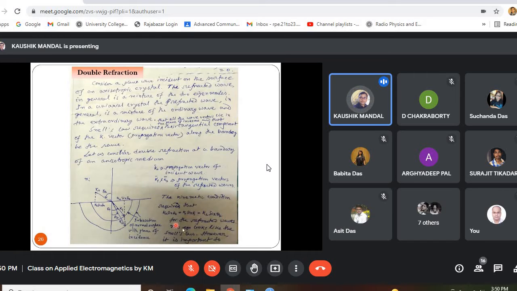This equation looks like Snell's law. So we are considering the refraction of EM waves or light waves at the interface of isotropic and anisotropic materials. As part of the anisotropic material, we are considering two concentric surfaces.